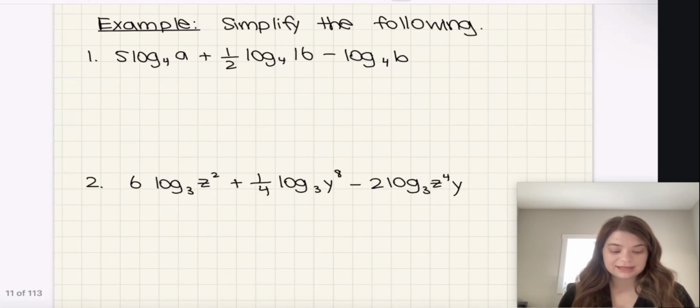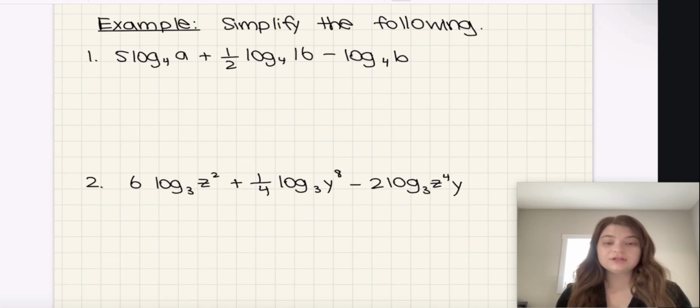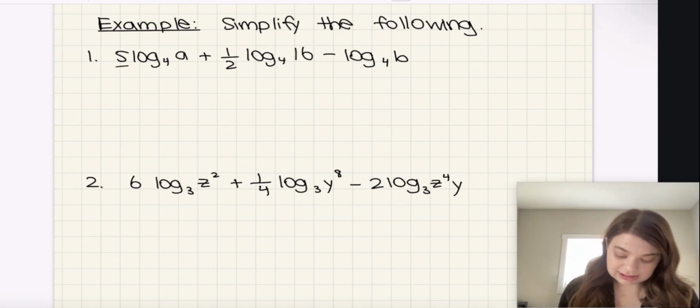So this first one says 5 log with a base 4 of a minus 1/2 log with a base 4 of 16 minus log with a base 4 of b. Okay, so for this one, the first thing I'm going to do is take the coefficients and say, well, these are actually powers.